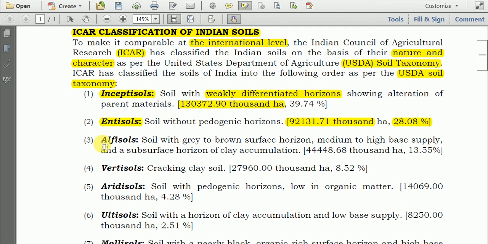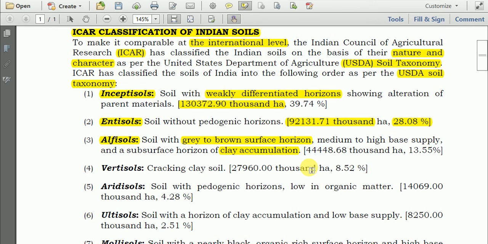Next we have Alfisols: soil with a gray to brown surface horizon, medium to high base supply, and a subsurface horizon of clay accumulation.